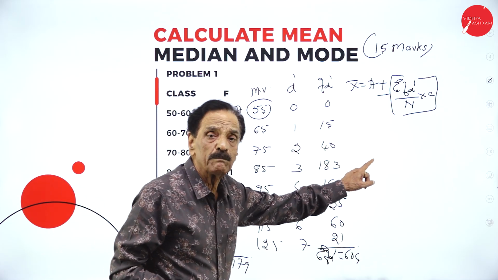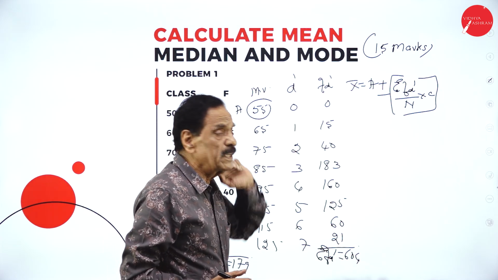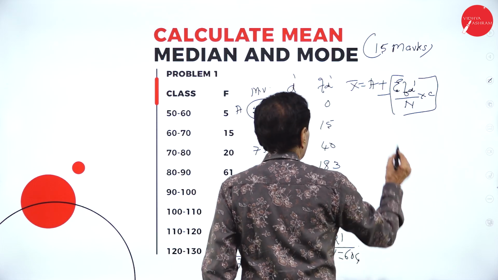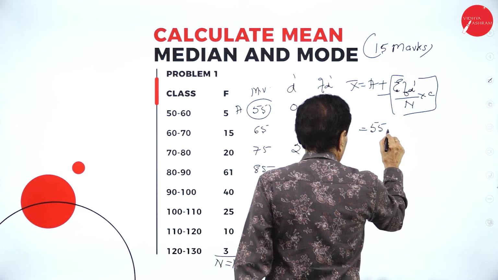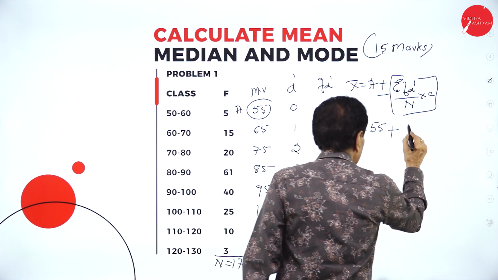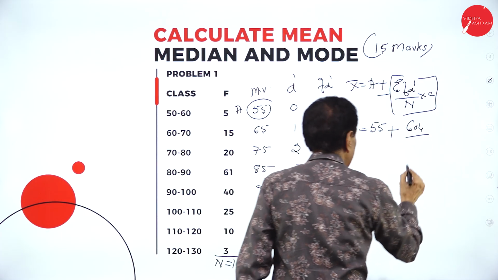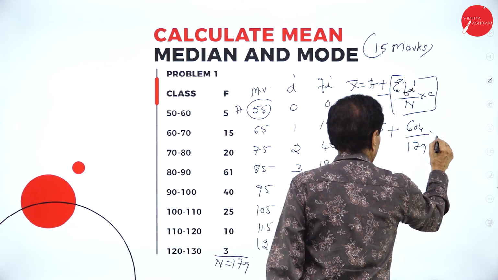N means total number of frequency, where c is equal to class interval, where A is assumed. So what is your assumption? It is 55. What is your sigma f t dash? 604, divided by number of frequency 179 into class interval, which is 10.